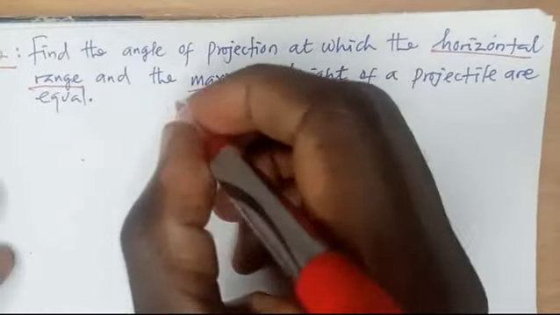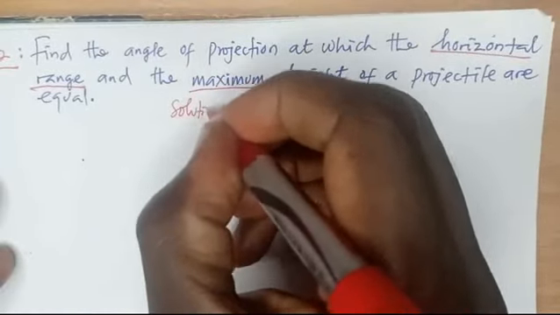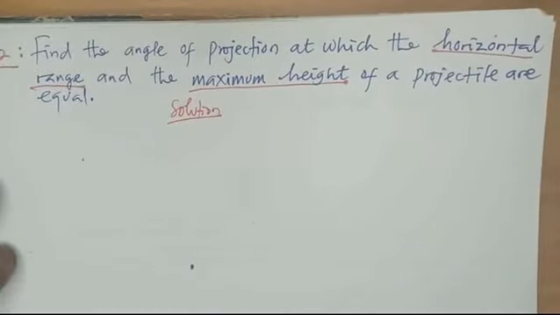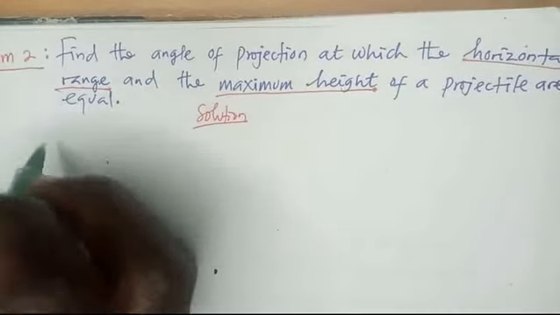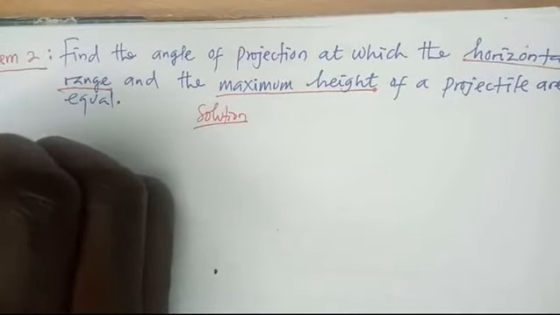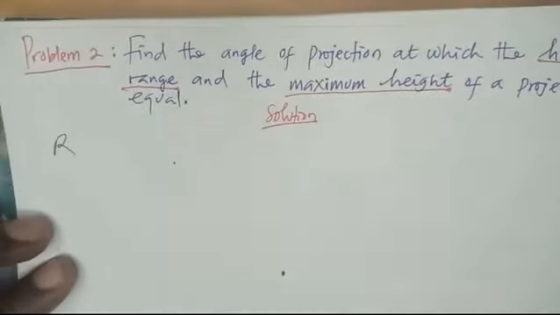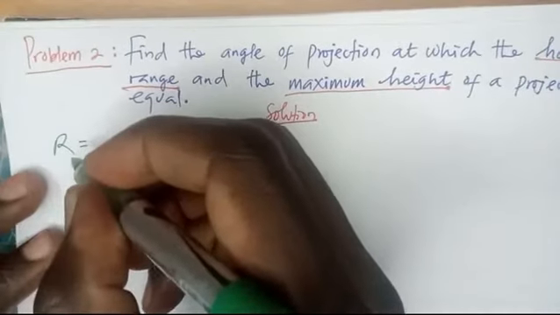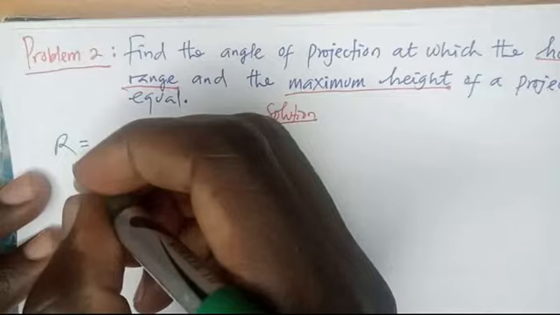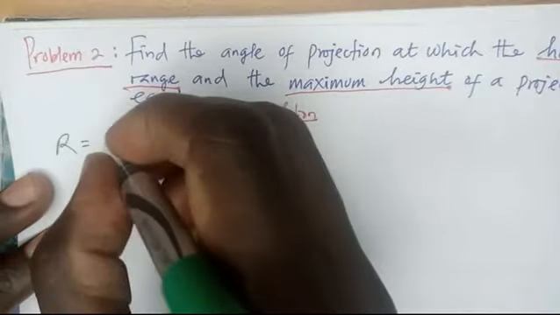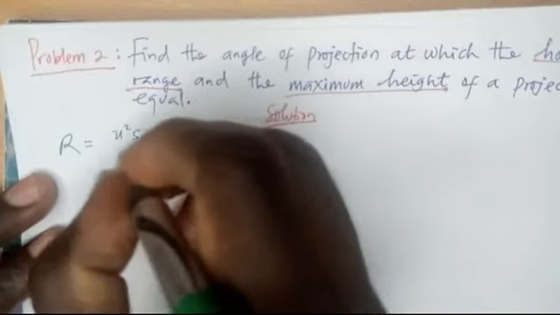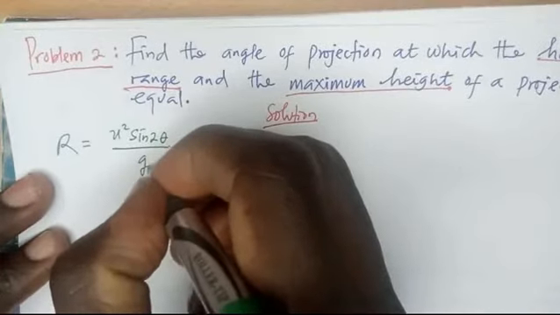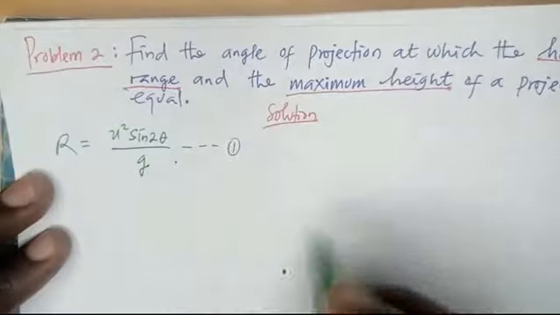So how do we solve this? Let us write the solution and begin. Now, we need the formula for the horizontal range. Remember, we derived that formula, and we said that this horizontal range, capital R, is equal to u squared sine 2 theta divided by g, and we are going to call this equation 1.